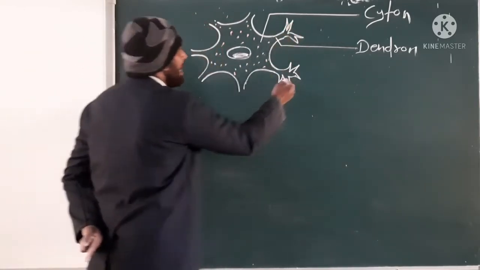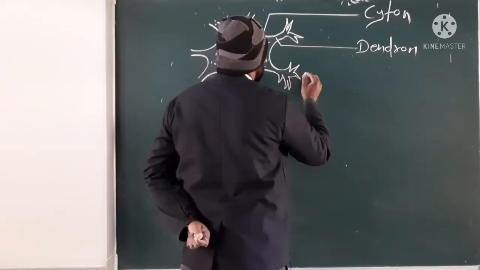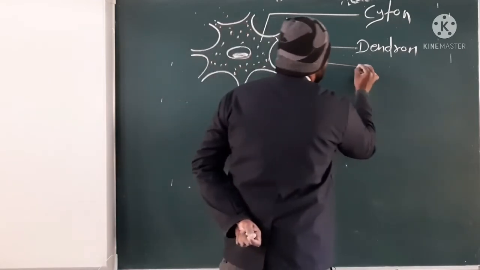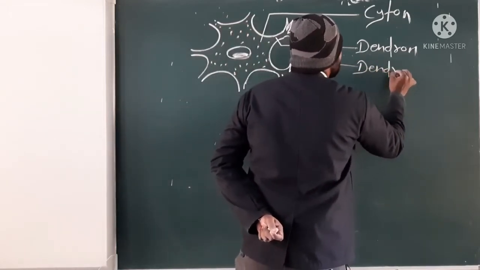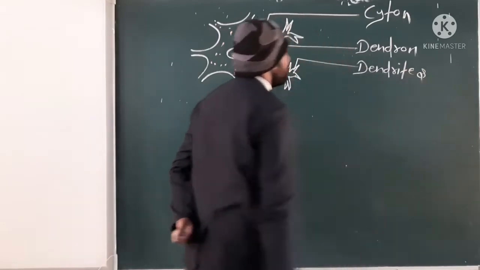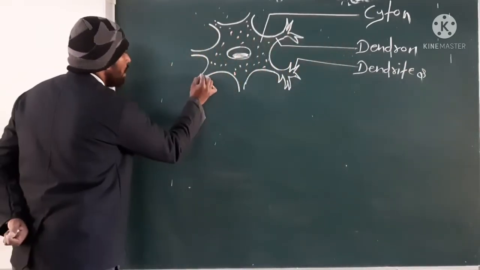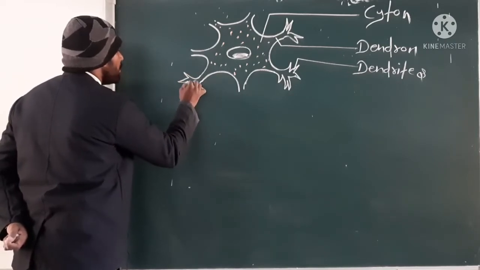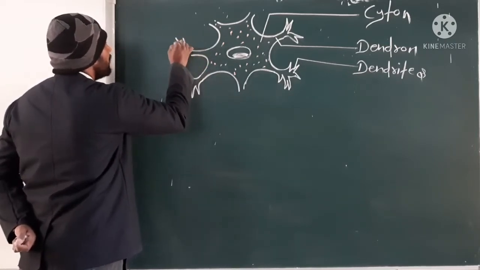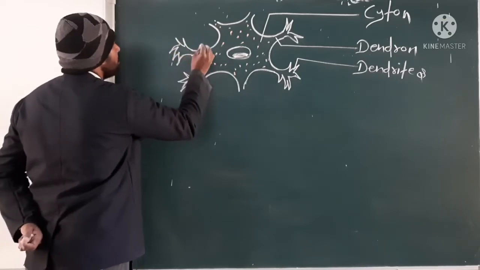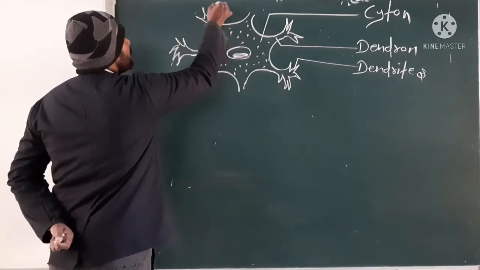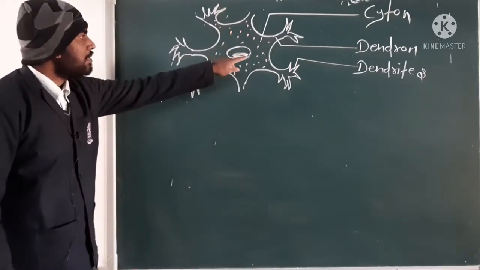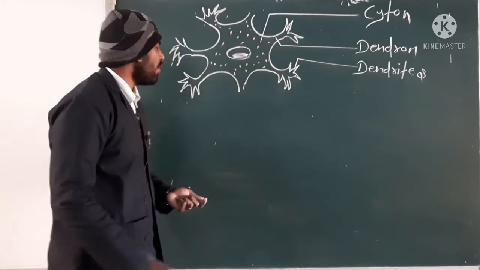Once a dendron is converted into branches, that is called dendrite. So this is dendrite. In the whole body of neuron, we can see an enormous number of dendrites like this. You can see, bachon. So that is cyton, dendron and dendrites.